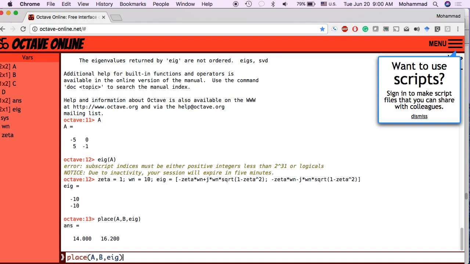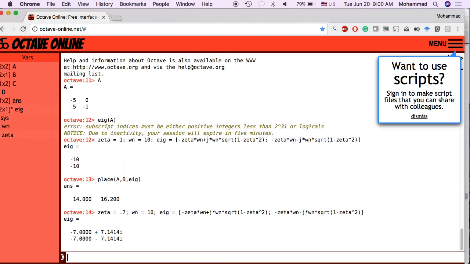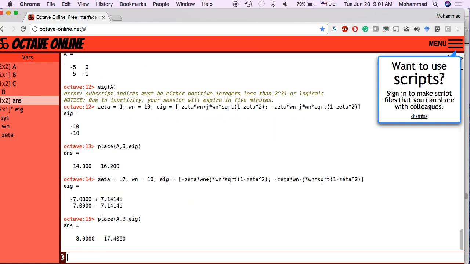For example, we haven't looked at a case where we have oscillation. So let's now go to a case where zeta is not 1. Let's say 0.7. The two eigenvalues are obviously a pair of complex conjugates, -7 plus or minus j times 7.14. We can do the exact calculation for place and find the two controller gains.